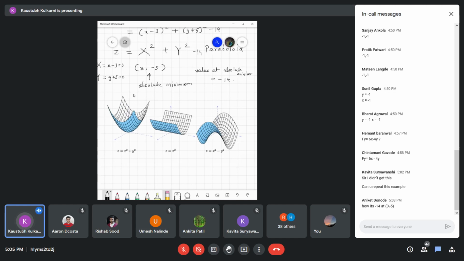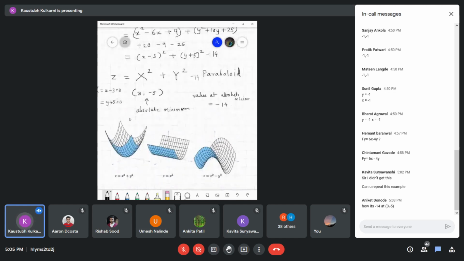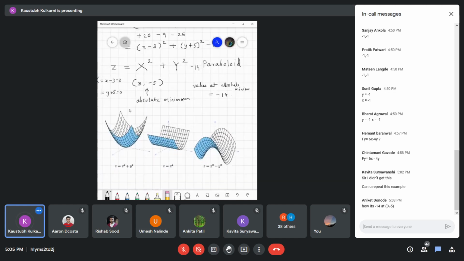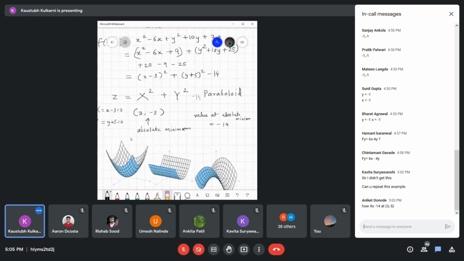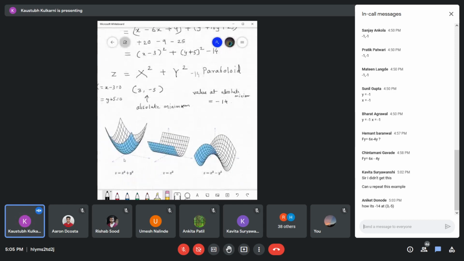So this is a known shape, and its property is that it has the minimum point at x equal to 0 and y equal to 0.